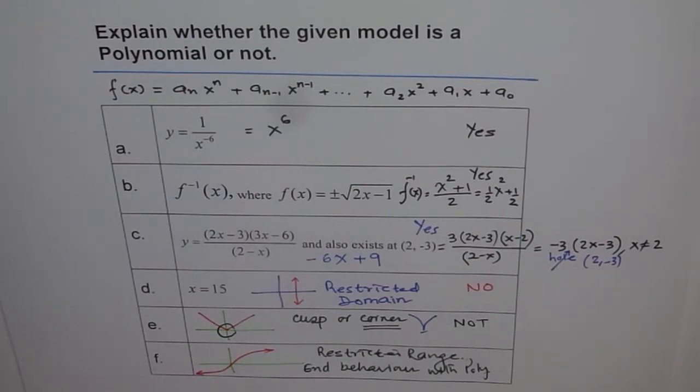You will get these kinds of graphs if you look into functions like cube root or the root of x cubed. Then you'll get this kind of a graph for the function, correct? So it does not represent a graph of a polynomial, correct? So that is how it is. Thank you.